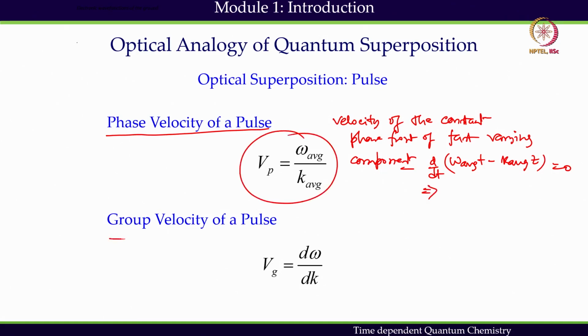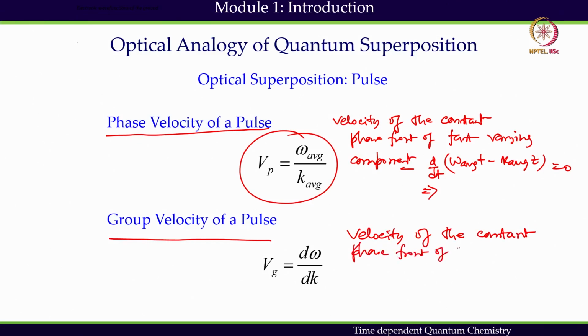On the other hand, the group velocity of the pulse. What does it mean? It means the velocity of the constant phase front of the envelope, or the slowly varying component.